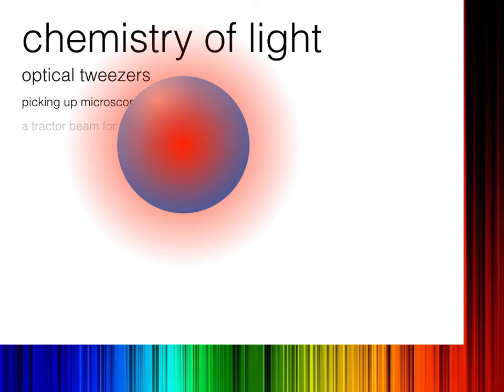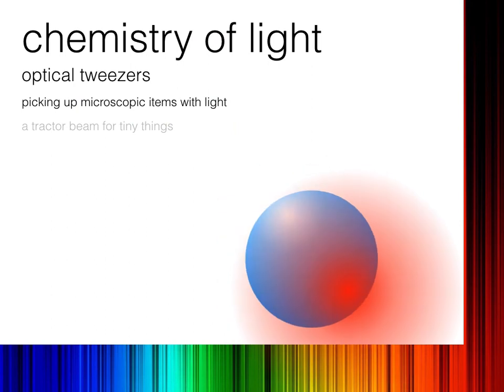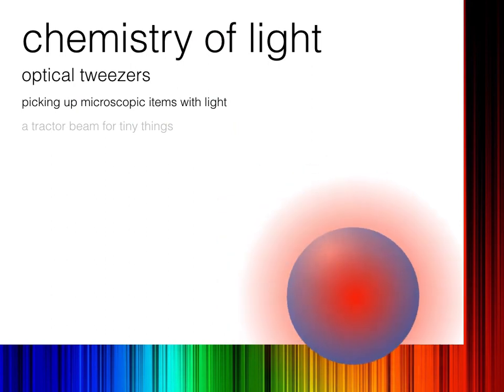My molecule will actually be drawn into this laser beam. And now, wherever I move my laser beam, my molecule will follow. This remarkable property of light has actually helped revolutionize what we're able to do in terms of picking up and moving tiny things in nanotechnology.